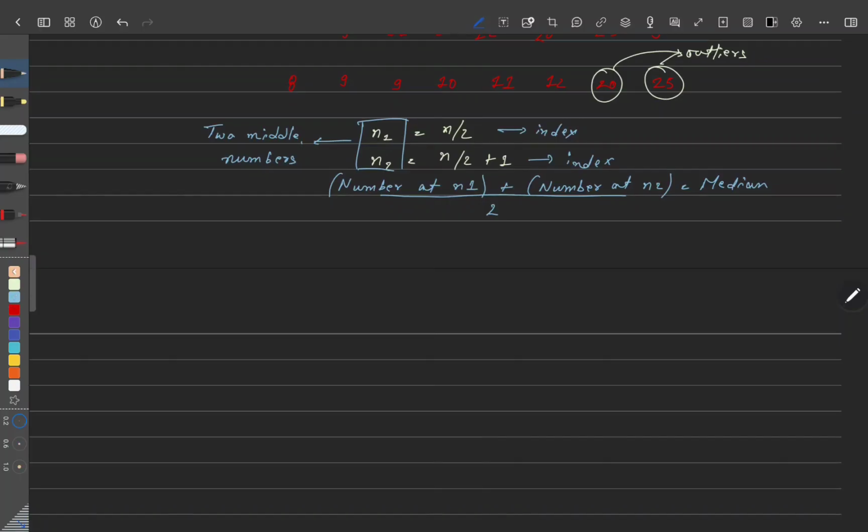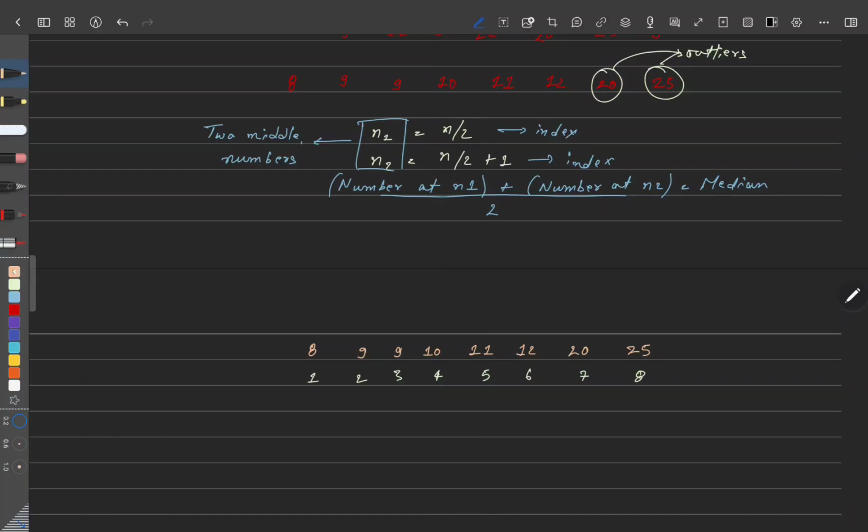So we have 8, 9, 9, 10, 11, 12, 20, 25, and let's put the index positions. So we have 1, 2, 3, 4, 5, 6, 7, 8, even numbers.